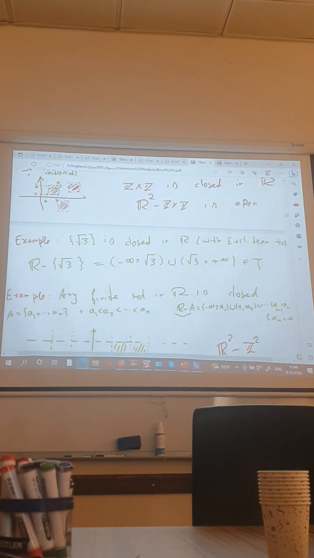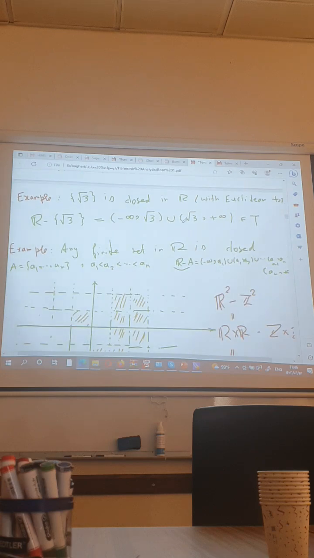This is another example. This singleton is closed with Euclidean topology because the complement of this singleton is the union of these two open intervals. Okay? It's very trivial. For example, if we consider this as radical 3, what is the complement of this?